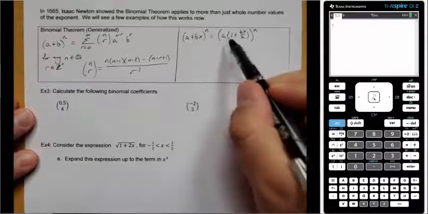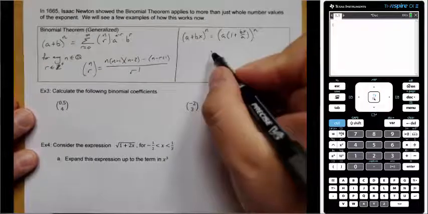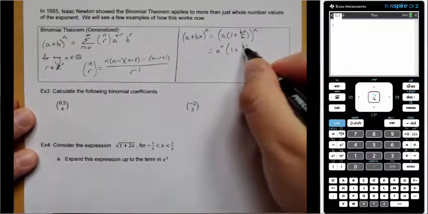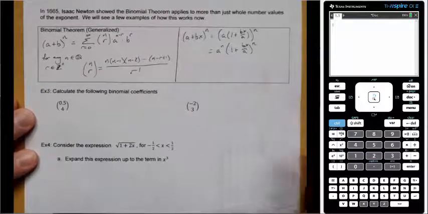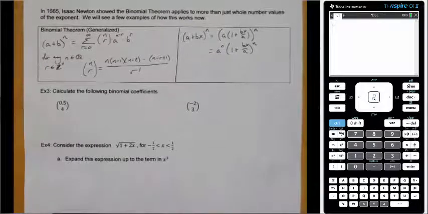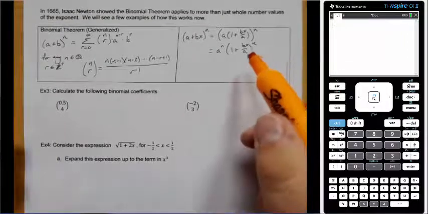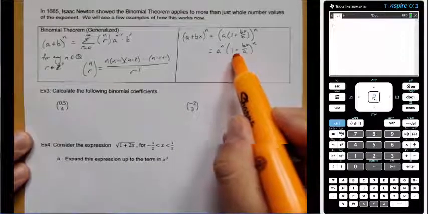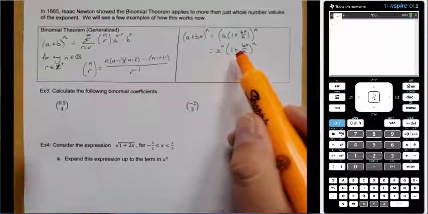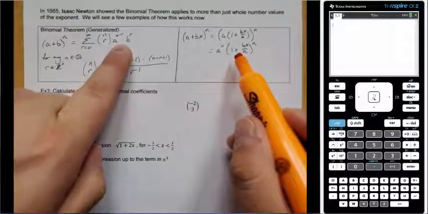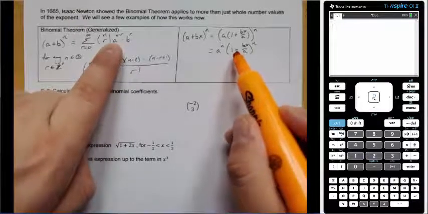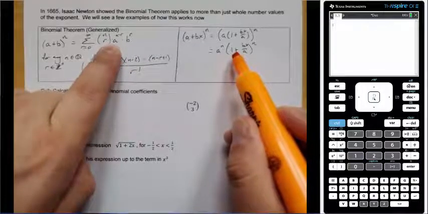I do that because now I can peel out this value of a to the nth power, leaving 1 plus bx over a to the nth power. The reason for rewriting it in this fashion is that now one of the terms in this binomial is exactly 1, which means I can set either a or b to be 1. It doesn't really matter which one I choose. Maybe I'll choose a. 1 to every power is just 1 itself.